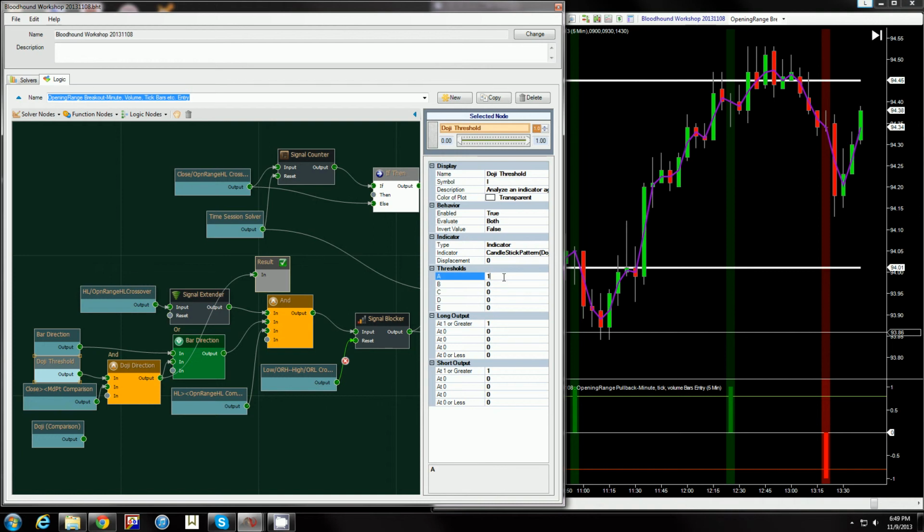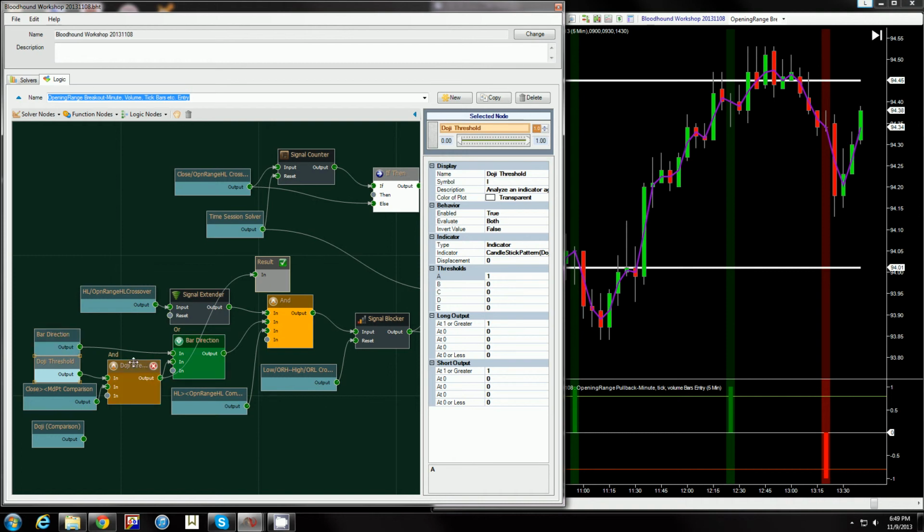Okay, so we want to give an output of 1 for a long and an output of 1 for a short. So that means that we'll give both a long and a short for a doji when the indicator gives an output of 1 or greater. Okay, so that's pretty straightforward. So that gives us the direction of the dojis.